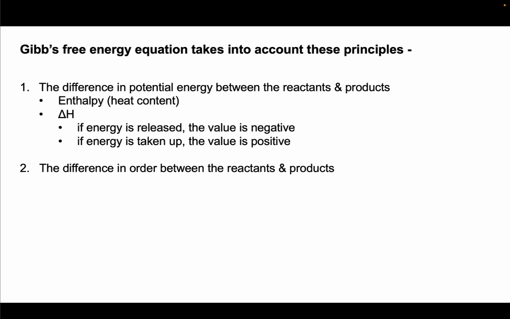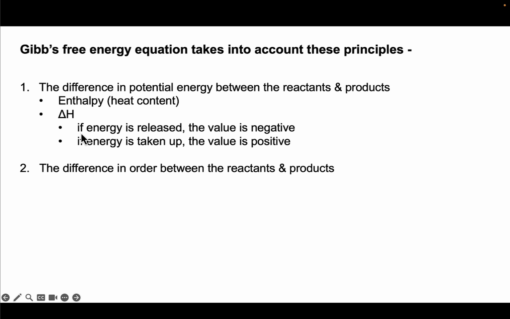So let's talk about this first point, the difference in potential energy. In the Gibbs free energy equation, this is called enthalpy, which is also termed the heat content. So if this was a chemical reaction, how much heat would come out? This is represented as delta H. The way I remember this is because enthalpy has an H in it.